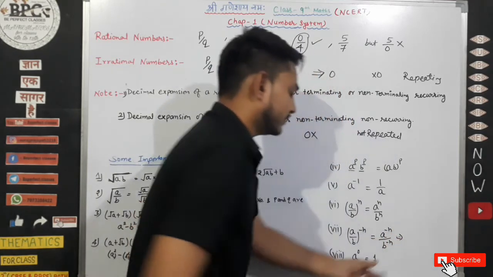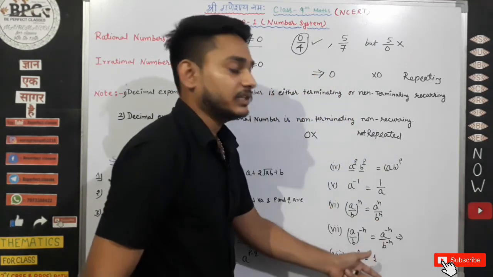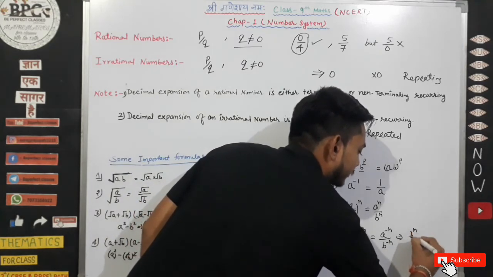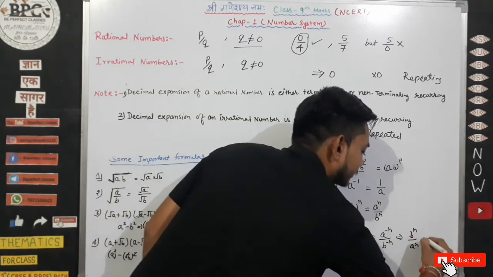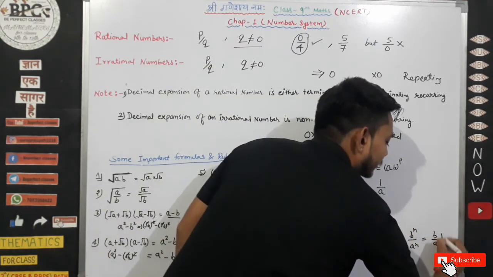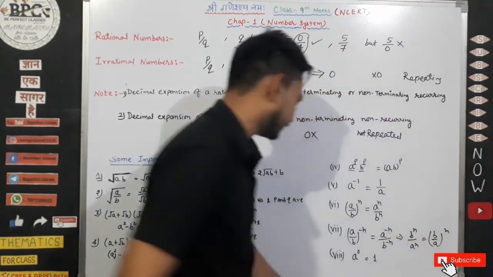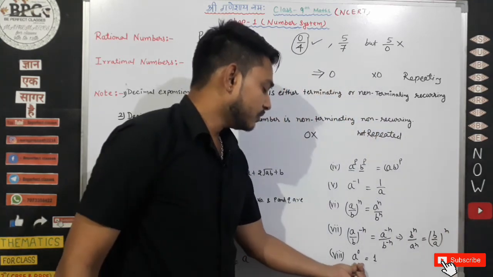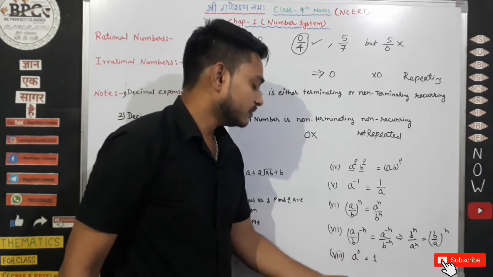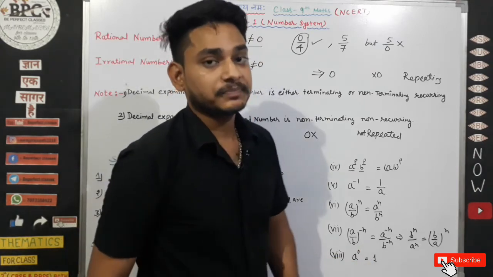And if the power is negative, we can invert it and we get a positive power. Here b power n upon a power n, and we also write it as b upon a whole power n. If the value of power is 0, means a to the power 0 is always equal to 1.